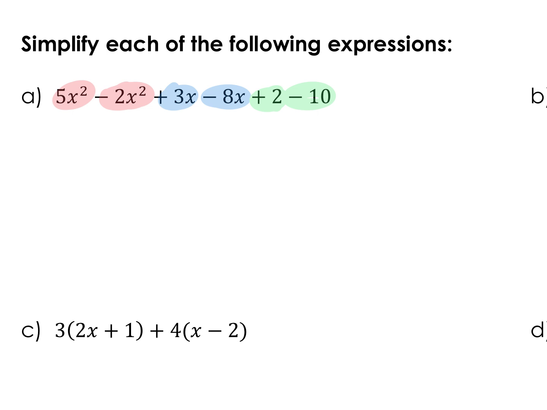The green doesn't really show up very well, I'm sorry. I have the x squareds highlighted in red, the x's highlighted in blue, and the numbers highlighted in green so that I can look at it all. You could also do underlining: 1 underline, 2 underlines, 3 underlines. So I have 5x squared minus 2x squared, which is what?